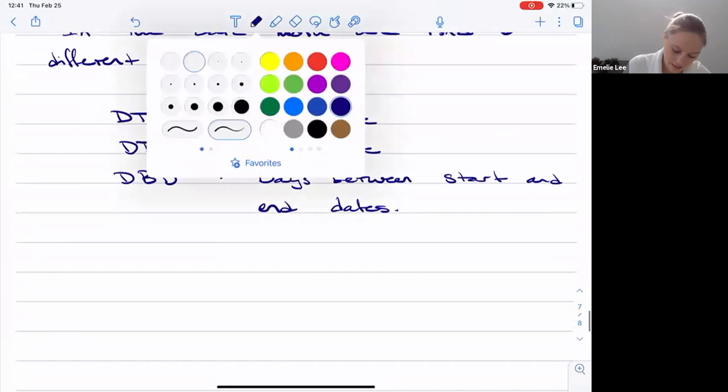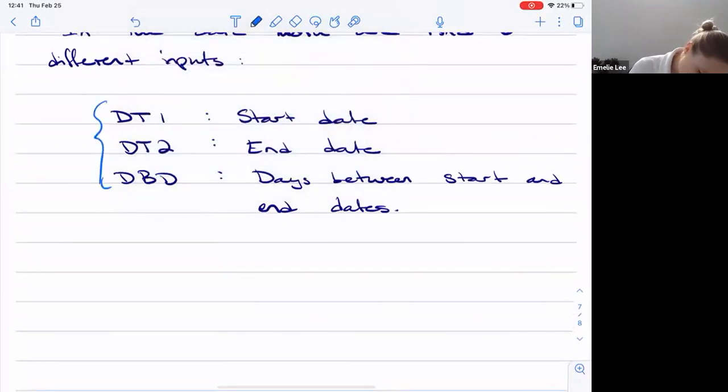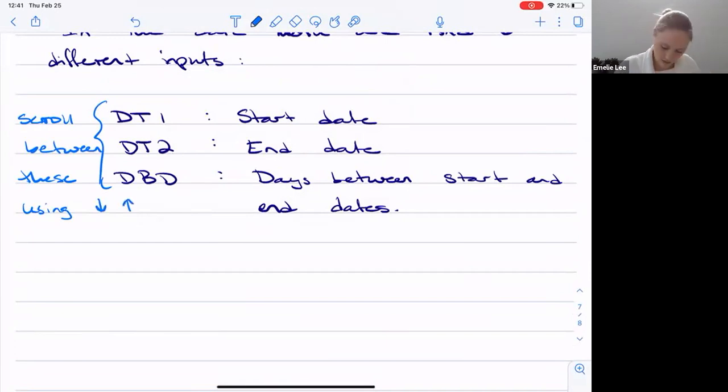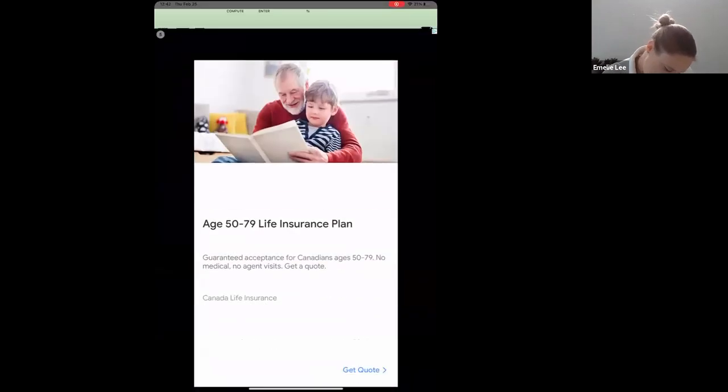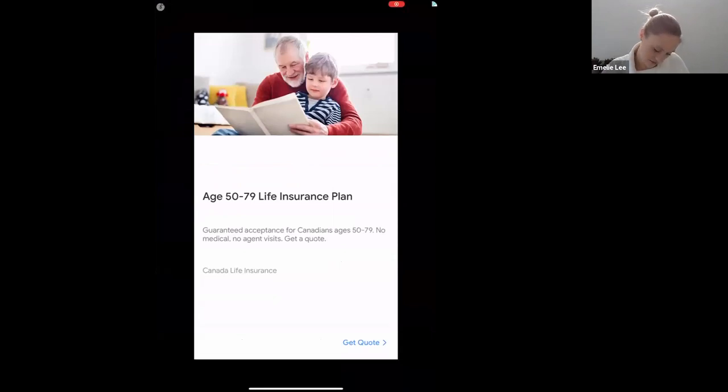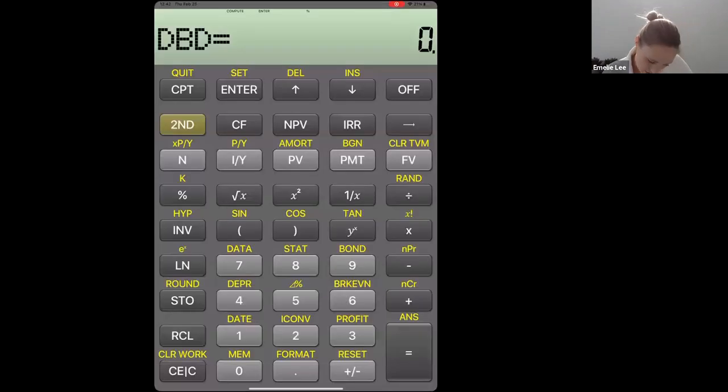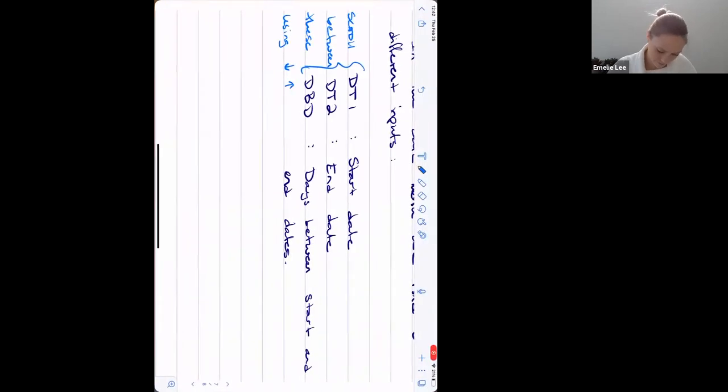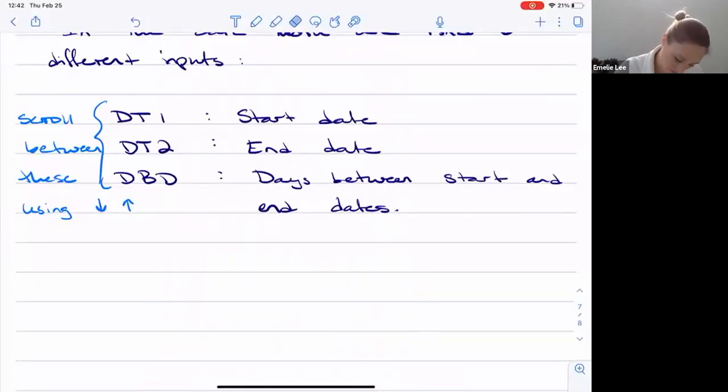Okay, and here, scroll between these using, or I guess, sorry, I'll just check the order of those. It's down and then up. Oh, up and then down, okay, good. I had them backwards. Not that it matters.